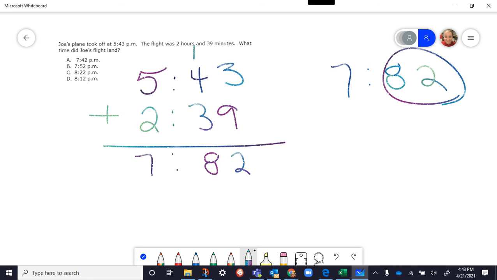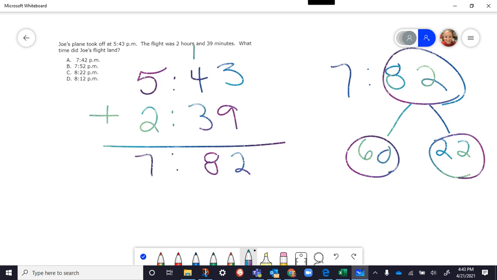So we have to do some regrouping because there's an hour in there. An hour is the same as 60 minutes. What's left is the 22. If I take this 60 minutes and I regroup it, and instead of saying 7, I say 8, then I'm left with 8:22.